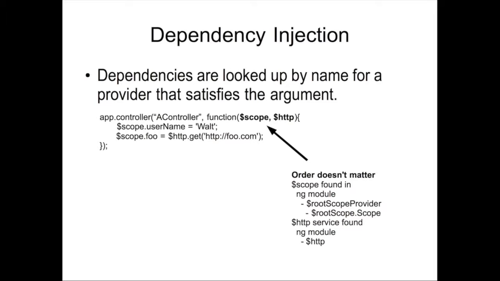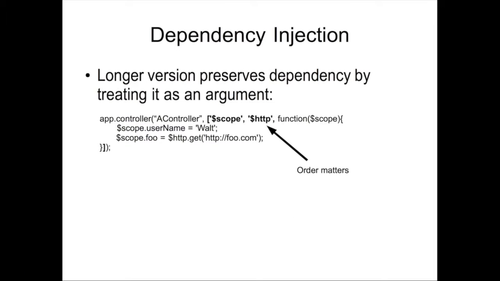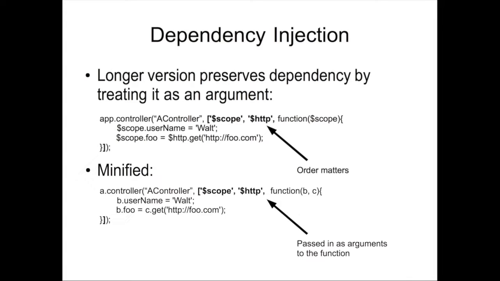Scope is found in ng module, rootScopeProvider, $rootScope.$new, etc. However, minification ruins it all depending on what type of minifier you're using. You can protect against that by wrapping this into an array, which will treat these as arguments to the function and pass them in.